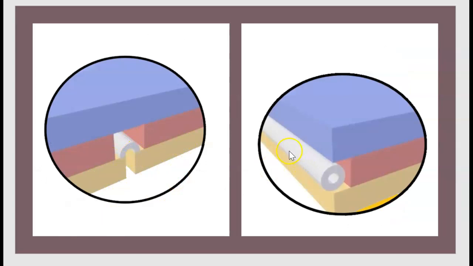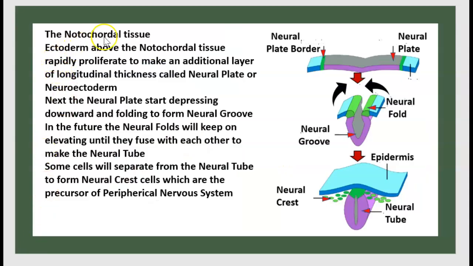The neuroplate evolves into the neurotube. The ectoderm above the notochordal tissue rapidly proliferates to make an additional layer of longitudinal thickness called the neural plate. Next, the neural plate starts depressing down and folding to form the neural groove.